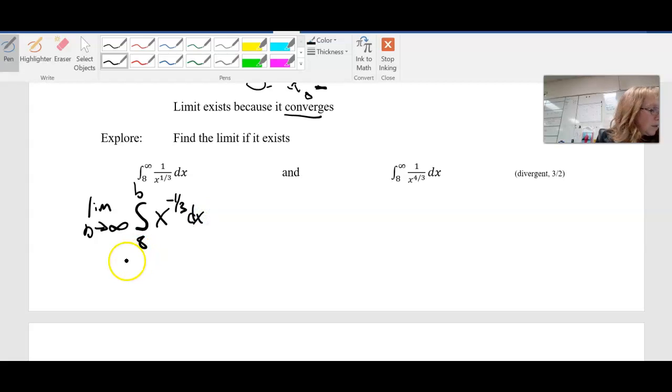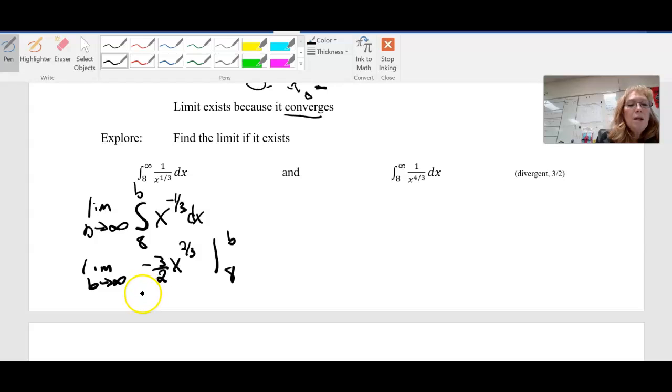You're going to do your antiderivative. So the limit as b approaches infinity of negative 3/2, remember, you add 1 and divide, x to the 2/3 power. And we are going to go from 8 to b.